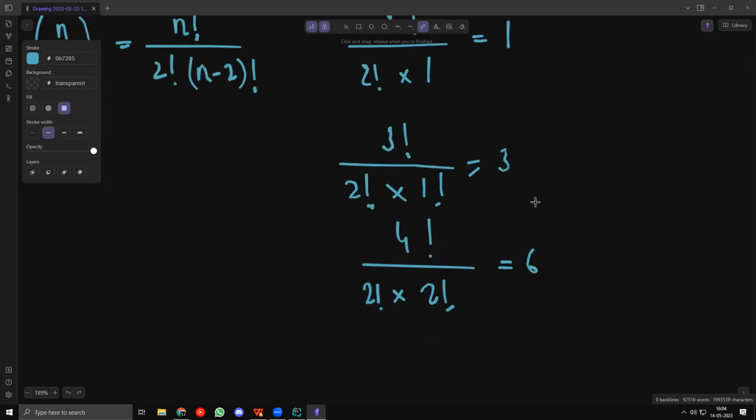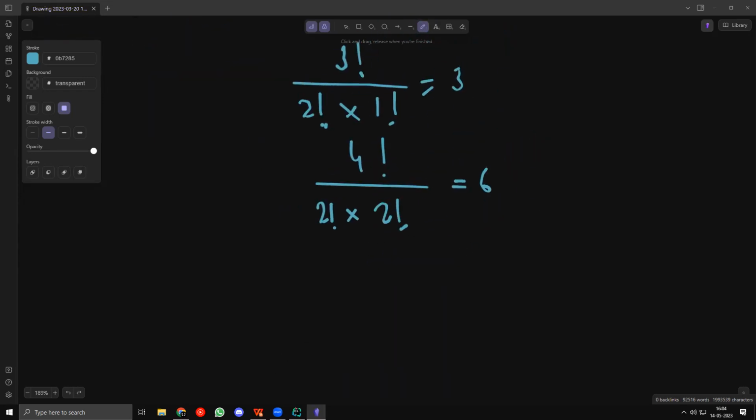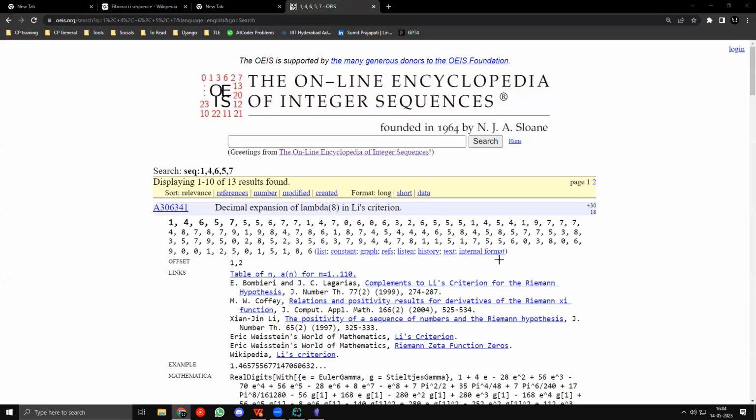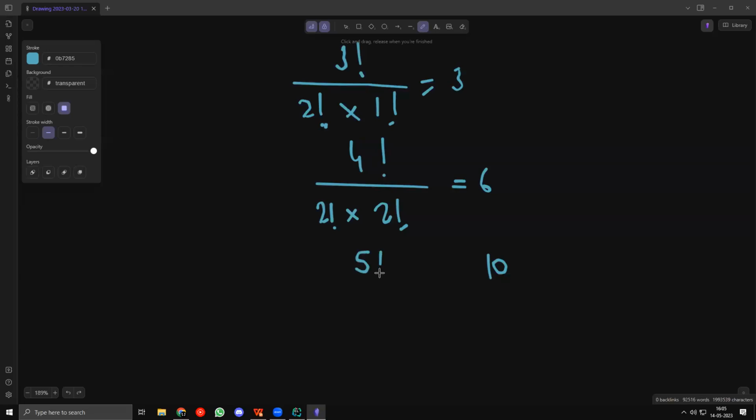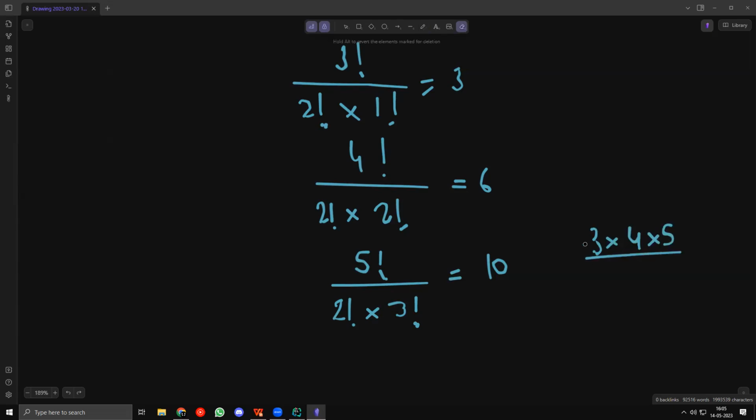So that would be 1, 3, 6. The next value will probably be 10. So let's try: 5 factorial divided by 2 factorial times 3 factorial. Actually that would be 4 times 5 divided by 2, which is equal to 10.